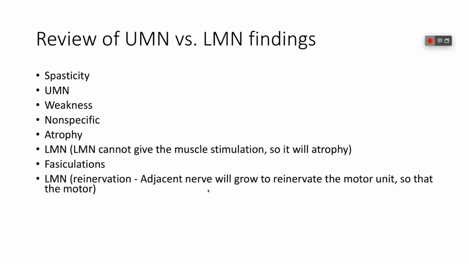However, when you have reinnervation, meaning I have a lower motor neuron deficit and adjacent lower motor neurons take over to innervate the previously denervated muscle fibers, the motor unit actually gets larger. So when that motor unit spontaneously depolarizes, it will be visible to the human eye.